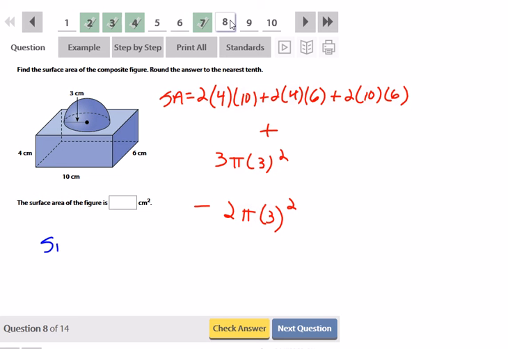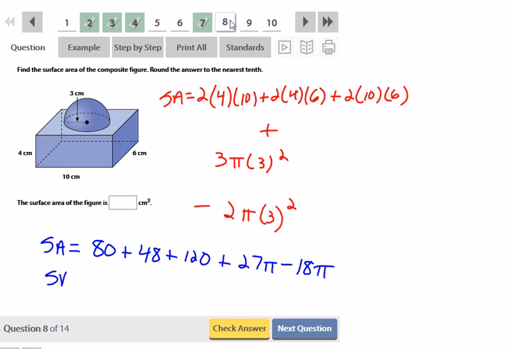So my surface area ends up being 80 plus 48 plus 120 plus 3 squared is 9, so 27 pi. But then at the end, I'm going to take away 18 pi.